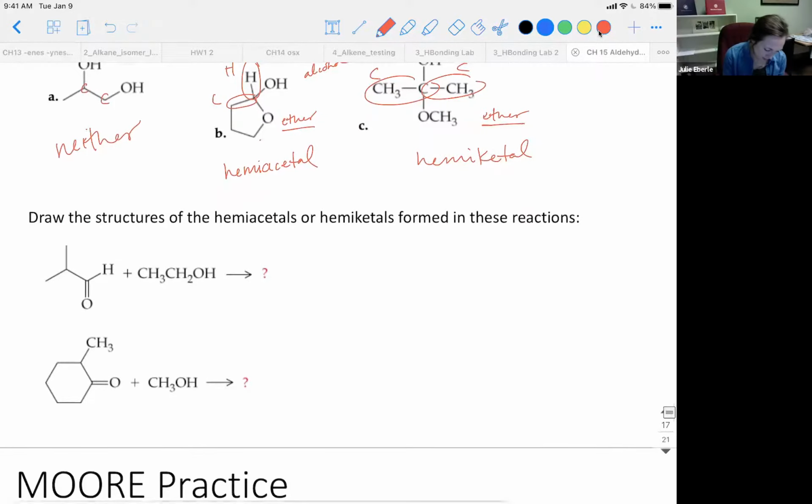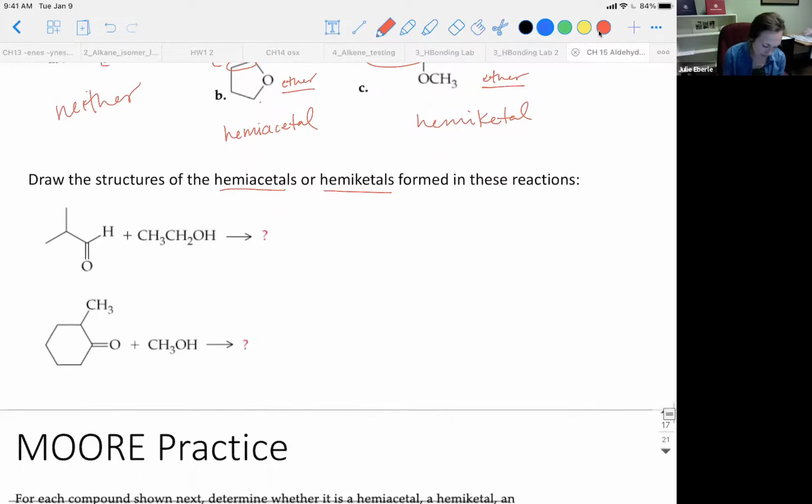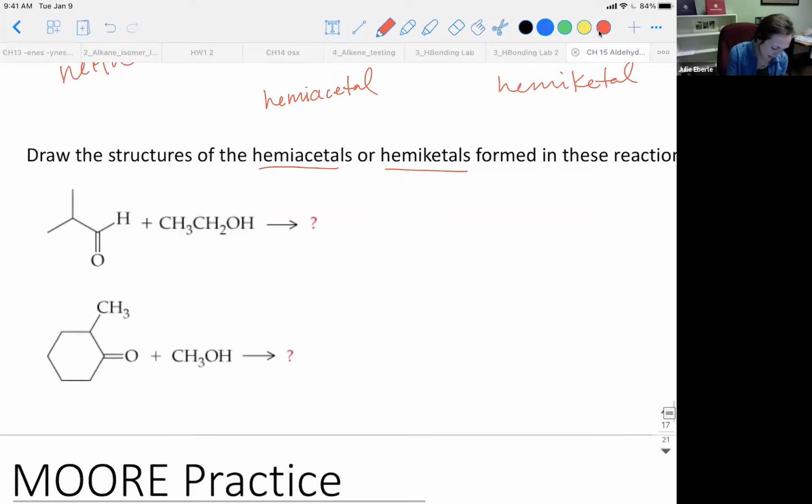Draw the structure of the hemiacetal and the hemiketal formed from these reactions in this next problem. So here is my aldehyde. This is my aldehyde functional group. And here is my alcohol. Remember, these are formed from the addition of an aldehyde and an alcohol.